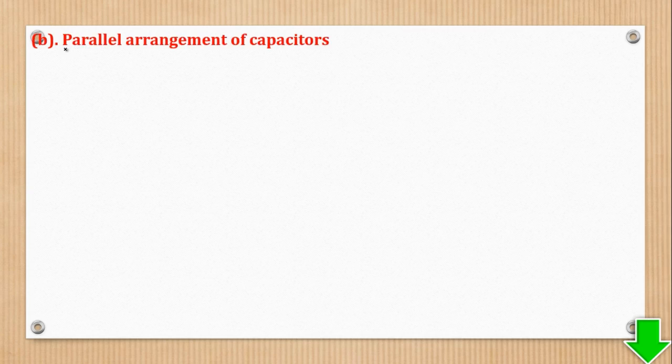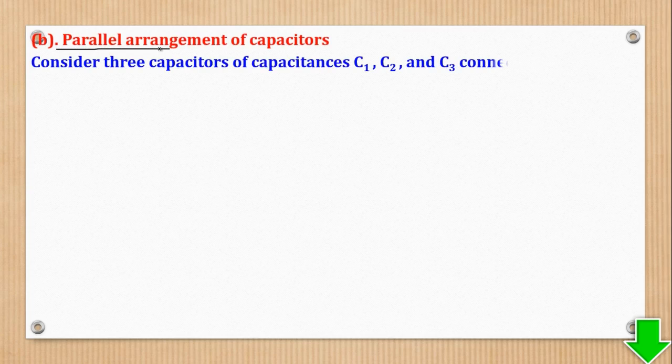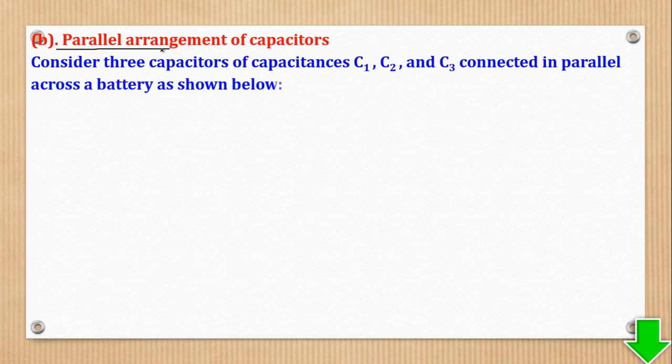Now that was series. Now what about parallel arrangement? Still we need to derive a formula which can be used to get the capacitance of capacitors connected in parallel. So consider 3 capacitors of capacitances C1, C2, and C3 connected in parallel across a battery as shown below.